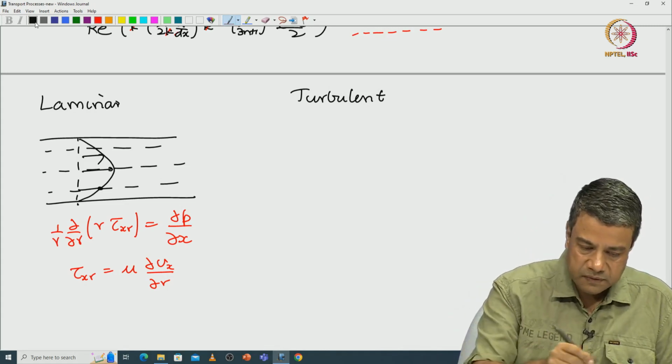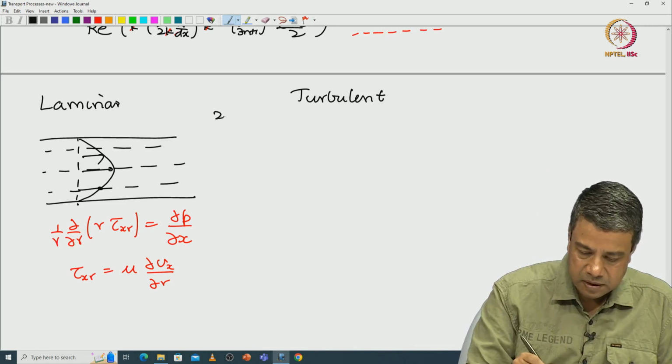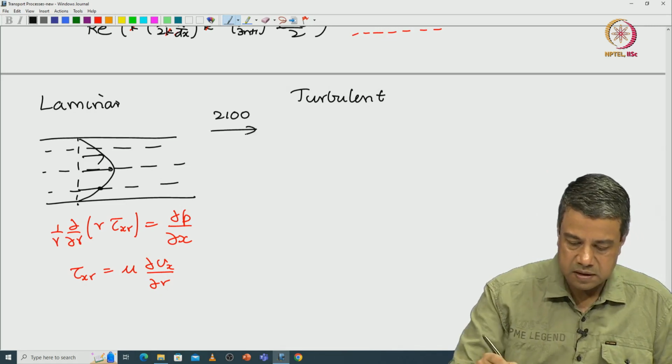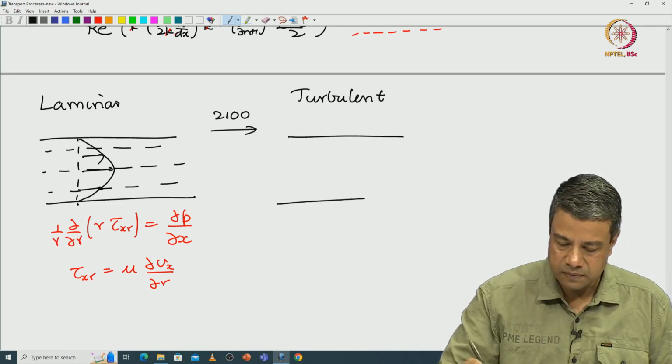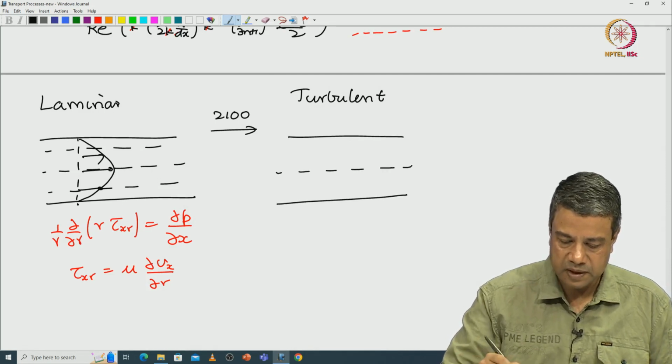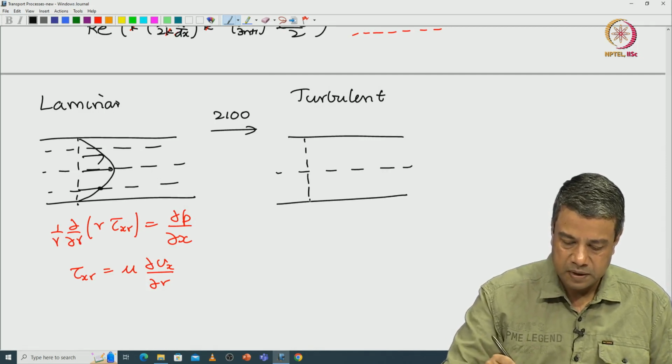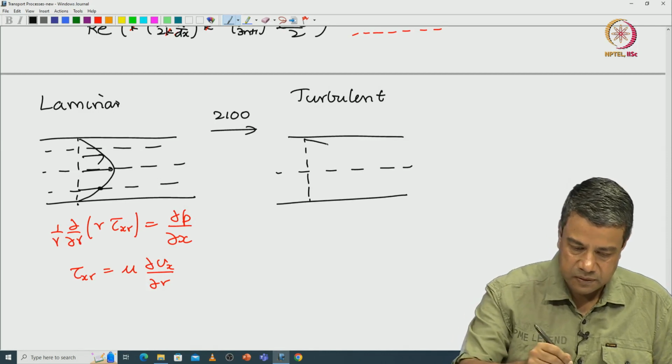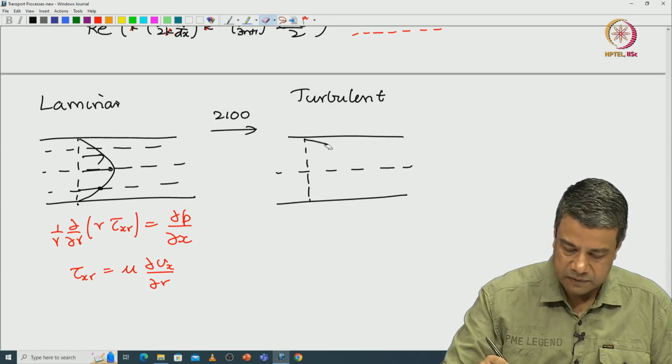At a Reynolds number of approximately 2100, there is a transition to a turbulent flow. The characteristics of the turbulent flow are very different from those of a laminar flow.